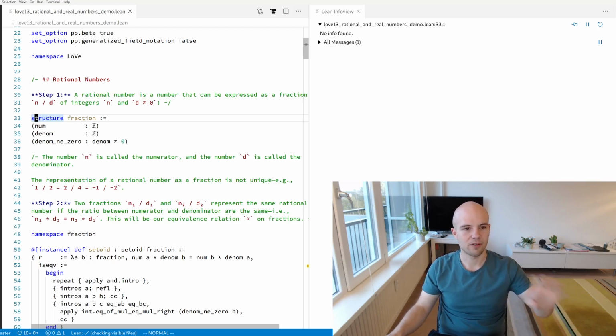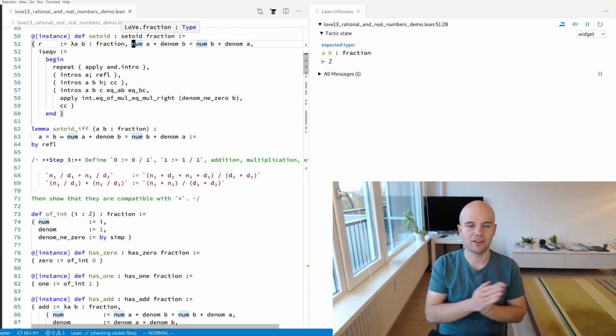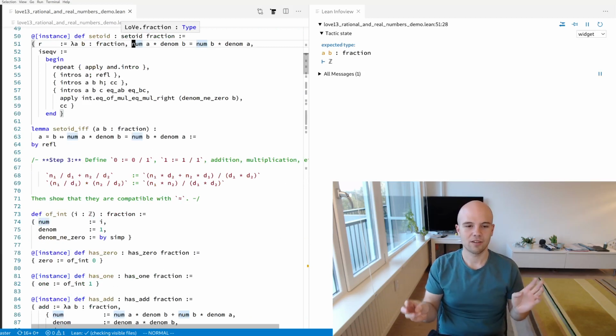Okay, so we have now defined what a fraction is. This corresponds to the pair of natural numbers we have for the integers. And then we define the equivalence relation on it, which is the thing that I've motivated on the drawing. We define the equivalence of two fractions via the equality of multiplication of integers.